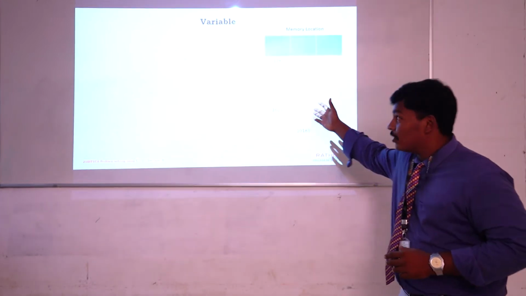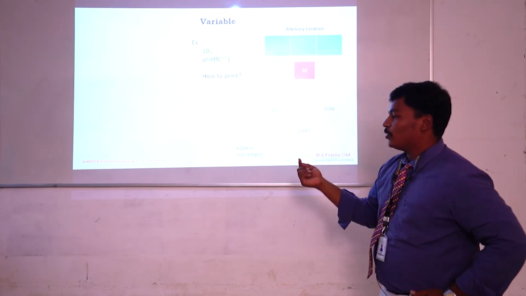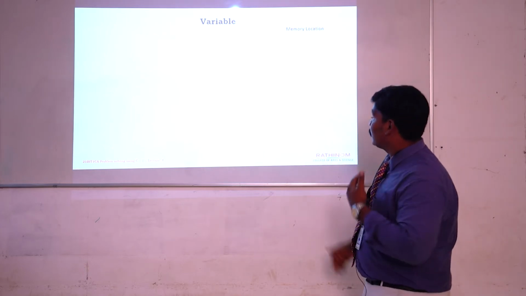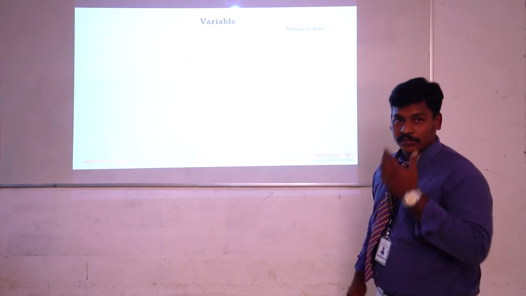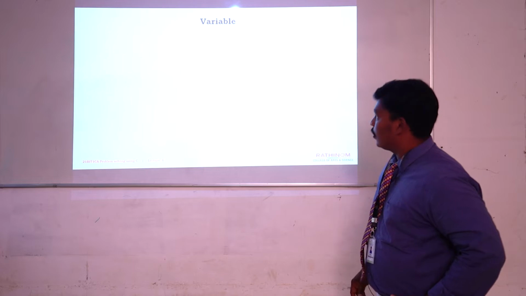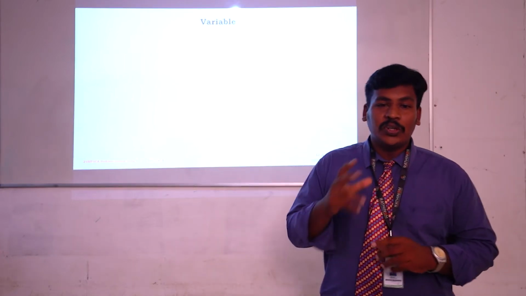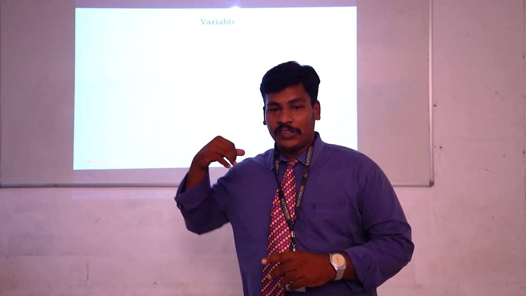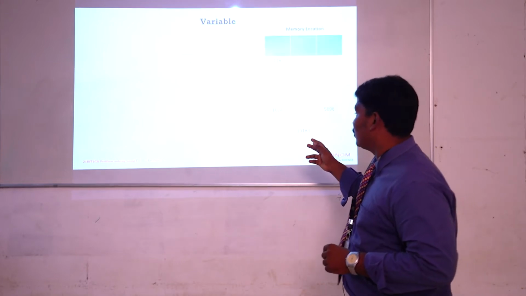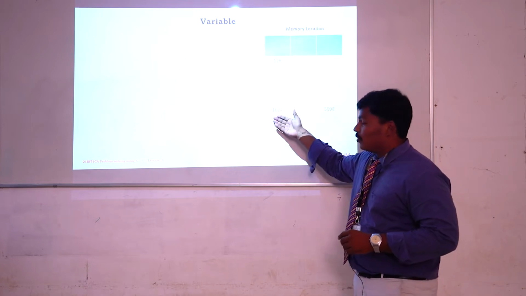This is the memory, the memory location. Now we are going to discuss how values are stored in memory, physically, in the compiler mode. The memory has a lot of memory addresses like 512, 1024.